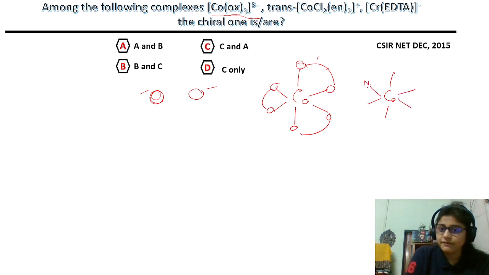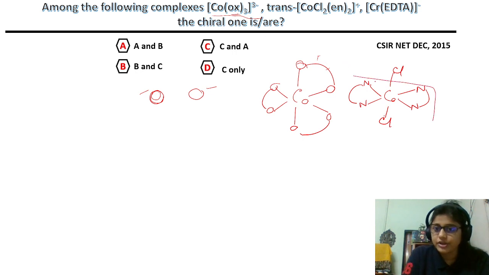We know ethylene diamine has two donating nitrogen centers. Okay, Cl Cl. This trans complex, you have to find whether it is chiral. It has a molecular plane, and it is reflecting on Cl and Cl. So it is not chiral.